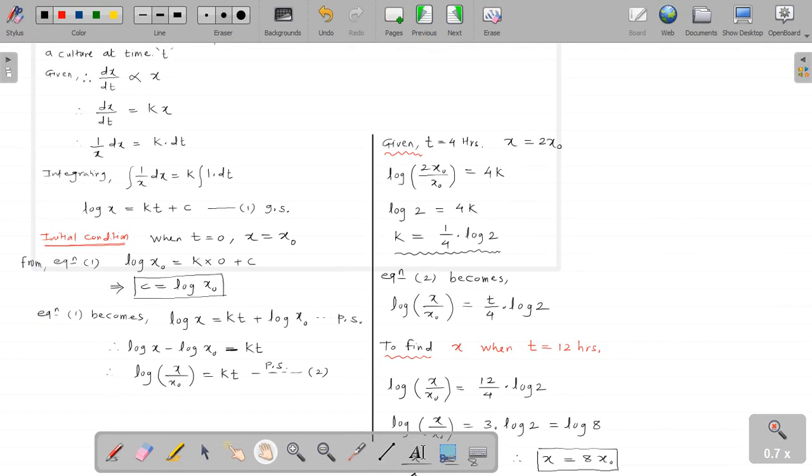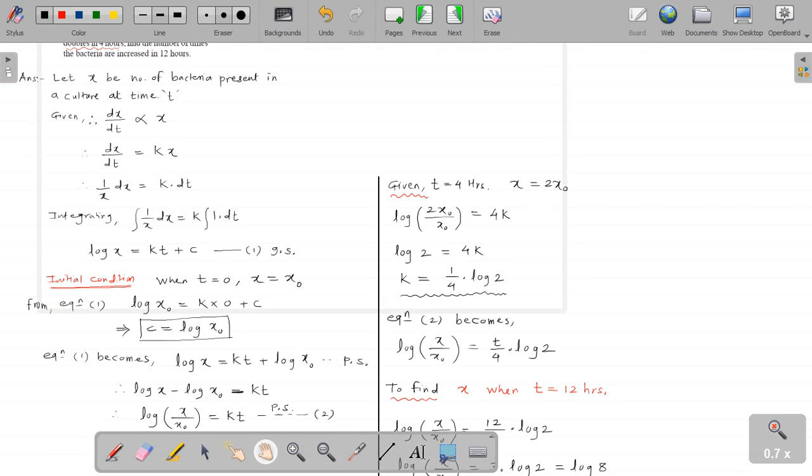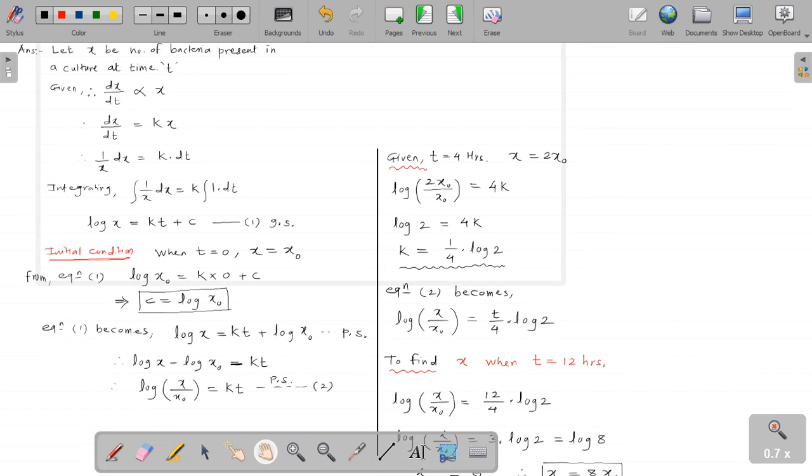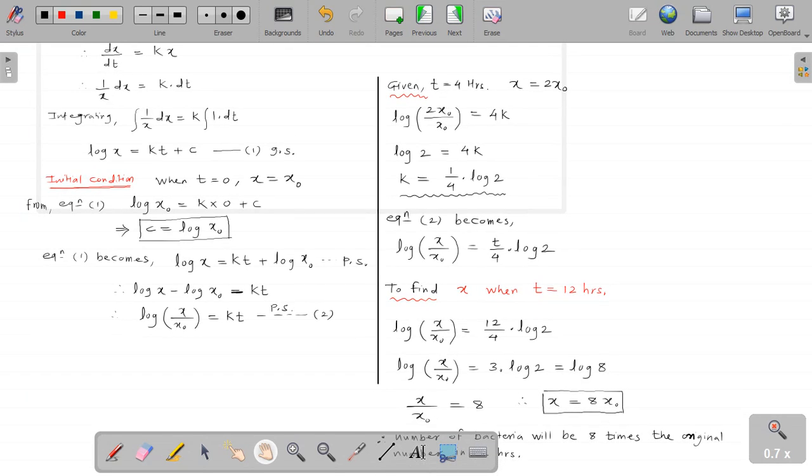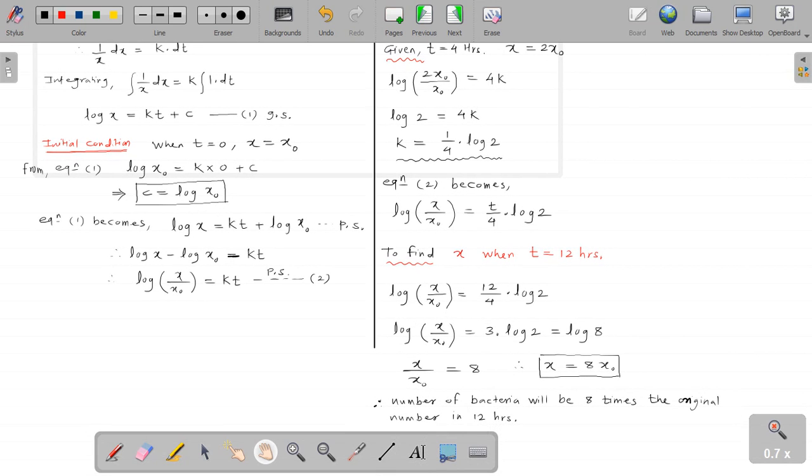In this total answer, first of all you have to consider the differential equation and solve that by using the variable separable method, very simple, and then use the initial condition, then use the given condition. By using the initial condition you will get the value of c, then by using the given condition you will get the value of k, and after getting that, rewrite equation number 2 and then write the required answer.